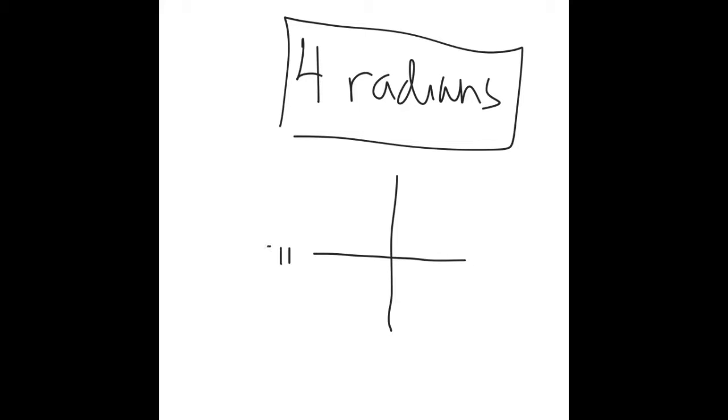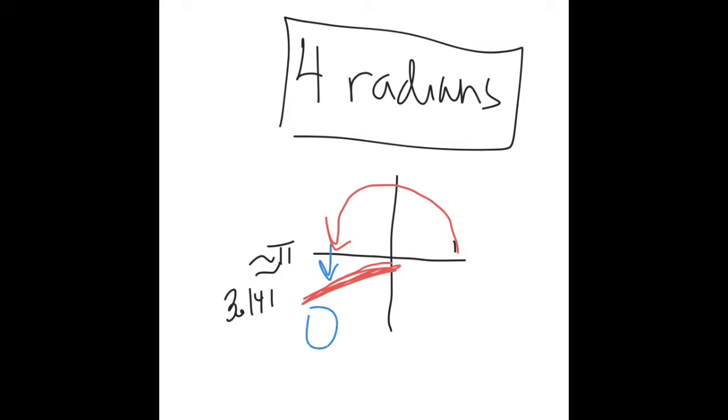So this is pi, which is approximately 3.14159, right? So 3.14. So when I make my first rotation, I get halfway across. I make a half circle. I'm only at 3.14. So it's going to be somewhere in this quadrant, the terminal side, which is quadrant 3.